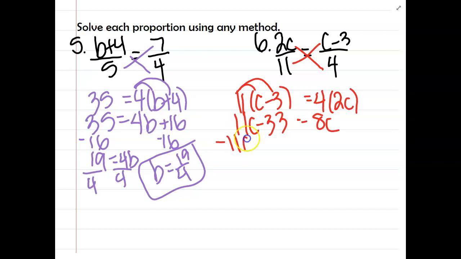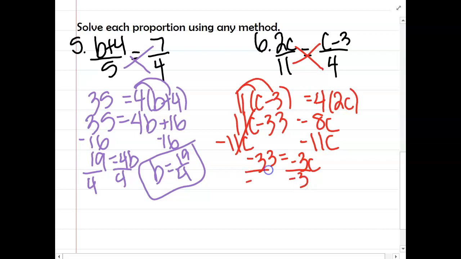So for this one, I'm actually going to subtract 11c from both sides. Now when I do that, I'm left with a negative 33. And on the right, 8c minus 11c gives me negative 3c. And then to get rid of the negative 3, we would divide by negative 3, and we would get 11 equals c.